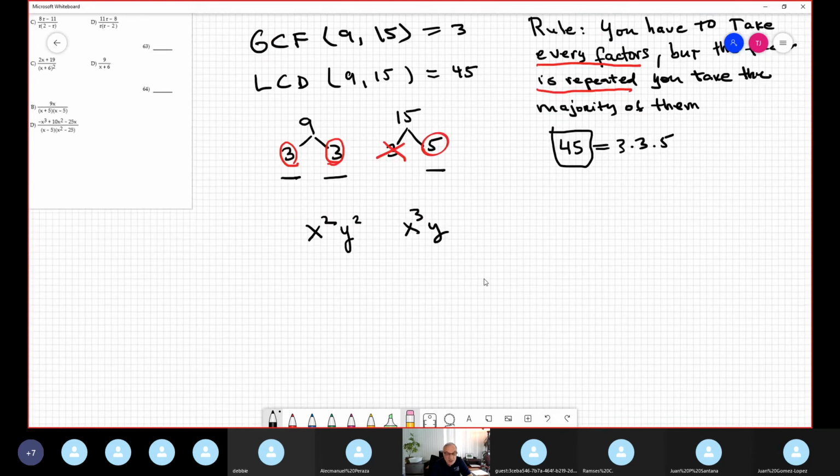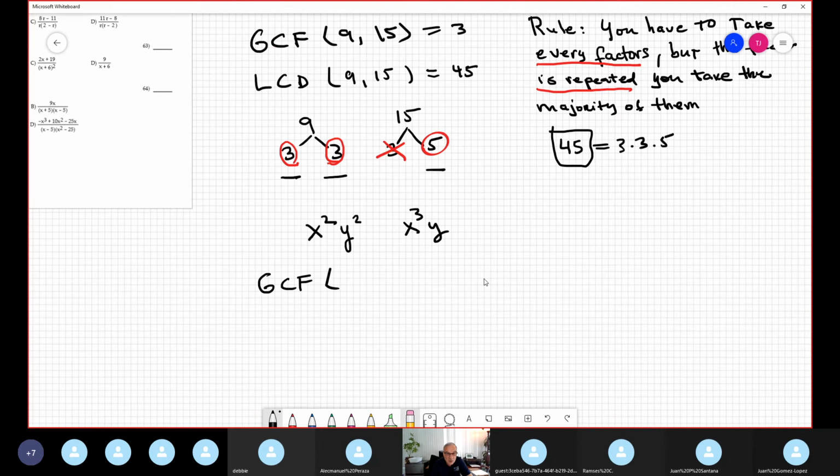For practice, the GCF of x squared y squared, comma, x cubed y, and the least common denominator or least common multiple of the same, x squared y squared, comma, x cubed y.